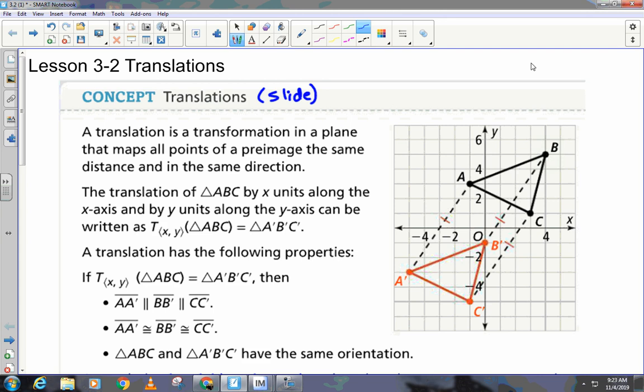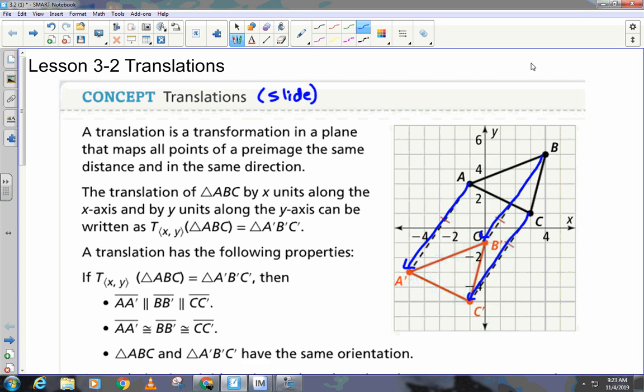Okay, and so what's happening is ABC is my pre-image, and it's translating each point a specific distance and direction. And it's translating this point B onto B prime and C onto C prime. Okay? And notice that the path that each one of them takes is parallel to each other, right?